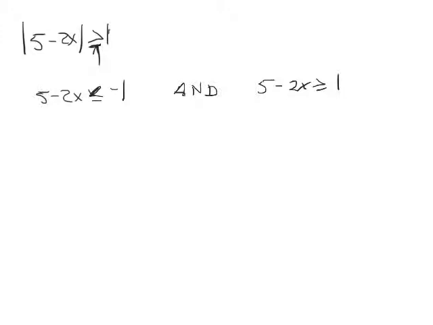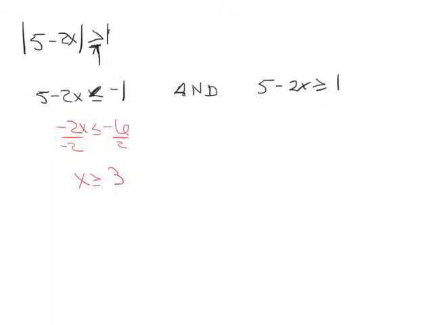So notice my sign switched from here and here, and that's a negative and that's a positive. Now I just go ahead and solve this. -2x is less than or equal to -6. And I'm going to divide by a negative. Remember, when we divide by negatives, the sign changes. I divided by a negative, I get a positive 3.